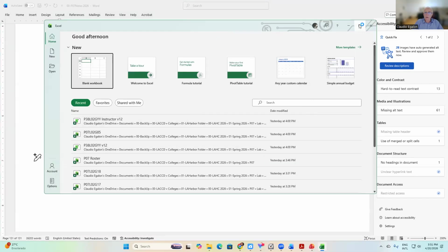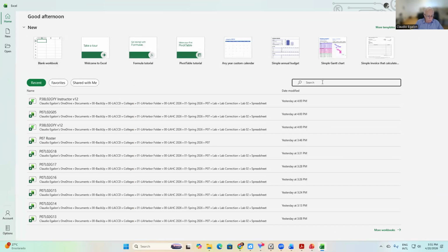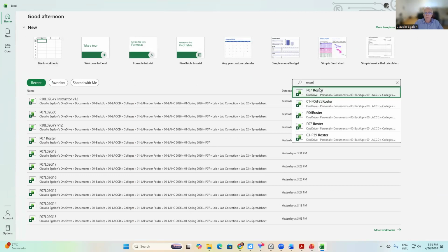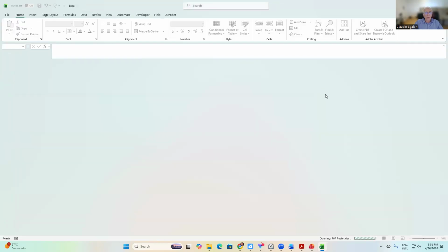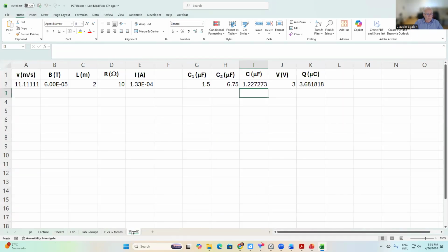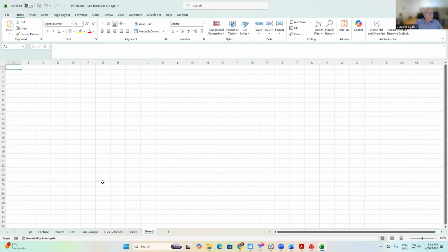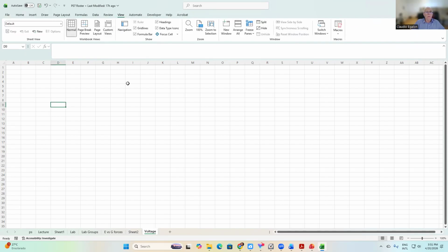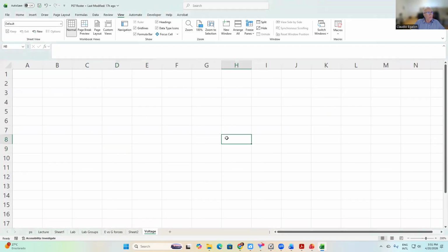Let's see here. It's going to be something like that. T, right? Voltage in volts.